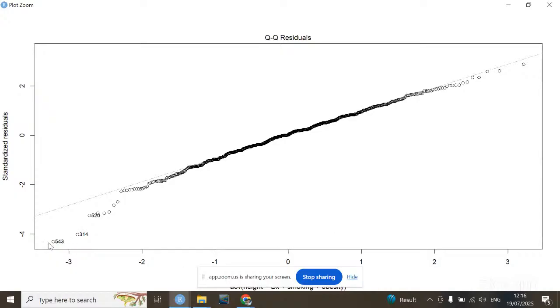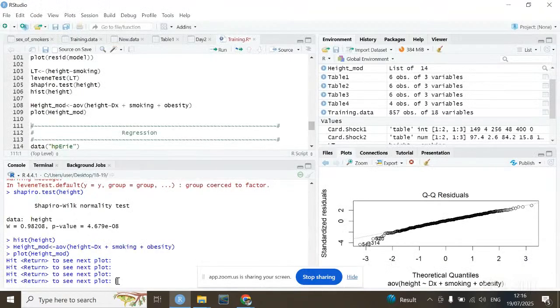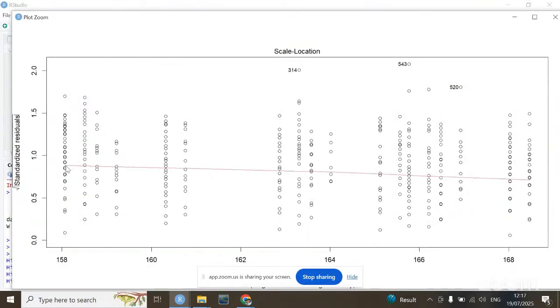It also shows the outliers, so these points are the outliers. So that is testing for independence. And this is the same. There's some kind of negative slope, so the ideal would be straight, horizontal.